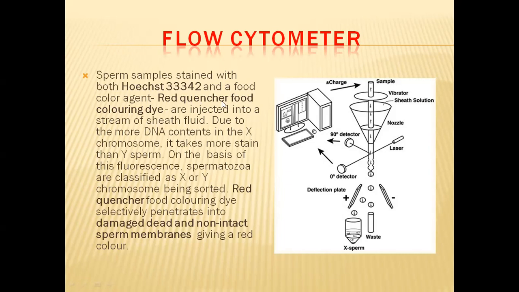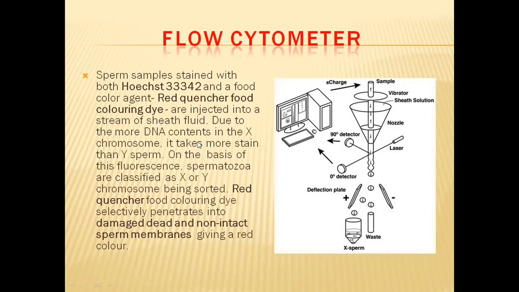And this red quencher food dye will be received by dead and non-intact sperm membranes. Some sperms will be dead, some sperms will be non-motile, or some sperms will be inactive in the sample. Such useless sperms will receive this red quencher food coloring dye. So like this, two types of dyes will be added.